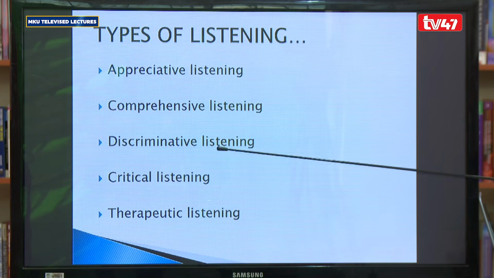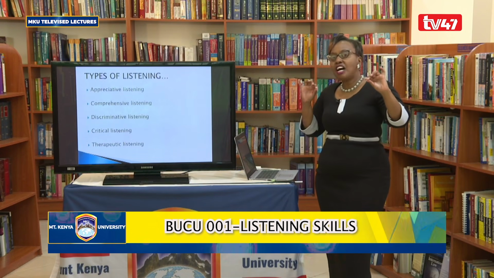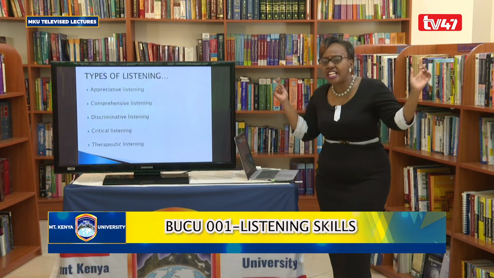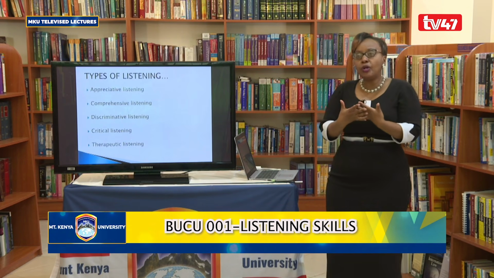Another type of listening, we call it discriminative listening. What do we mean when we talk about discriminative listening? This is trying to distinguish between when the verbal and nonverbal message is contradicting each other. I give you an example.